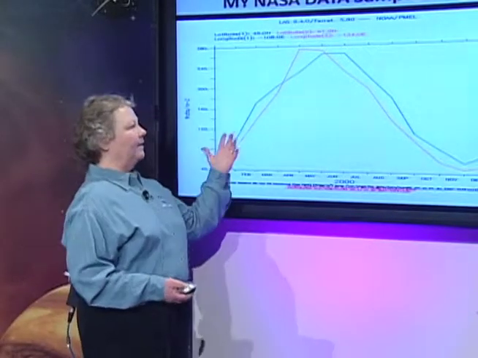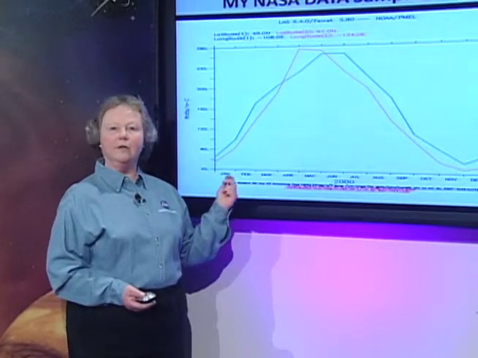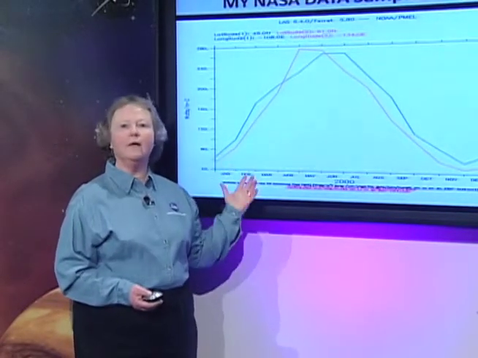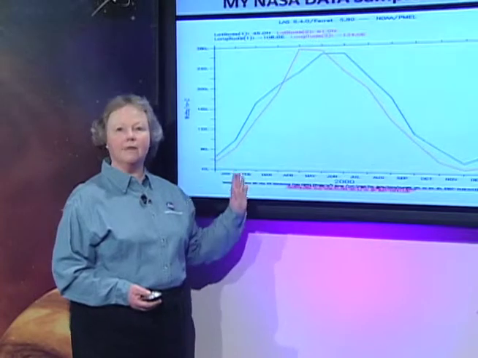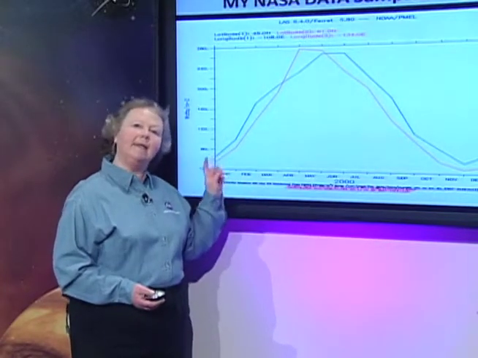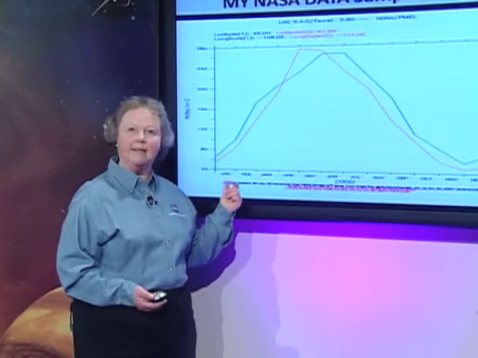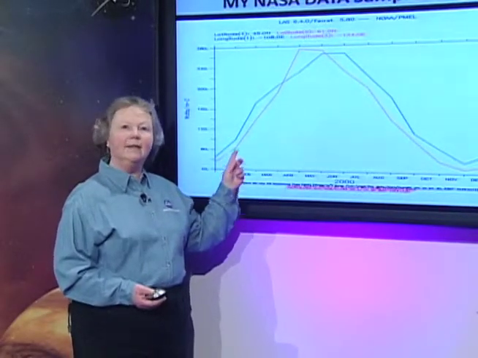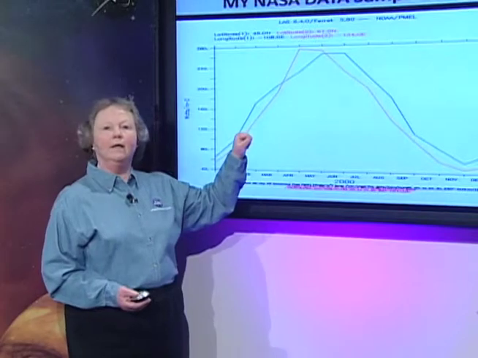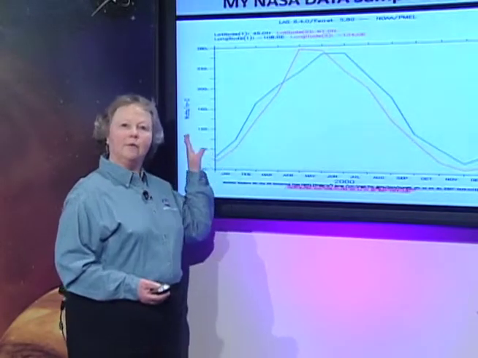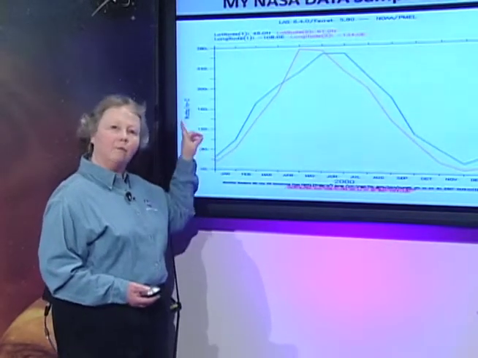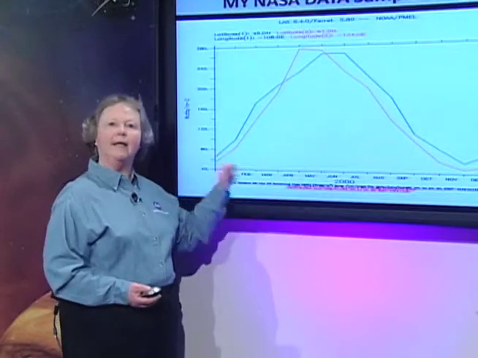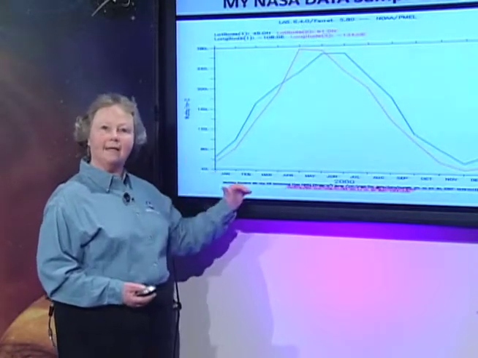This is an example of the graphs that your students will generate. This is just one example of many types of graphs that they can generate. In the lesson that we're doing today, in today's overview, this is known as an overlay plot. Notice it has two lines, and this graph was generated directly from using our page on the Live Access server.